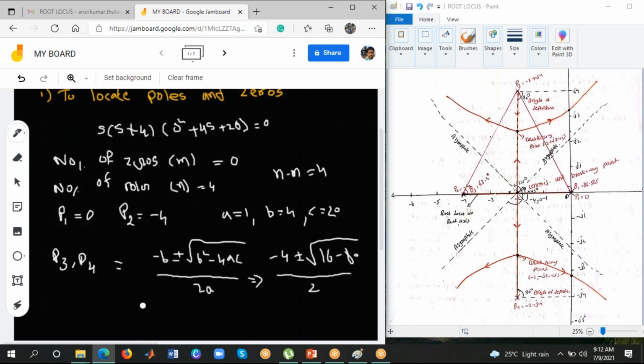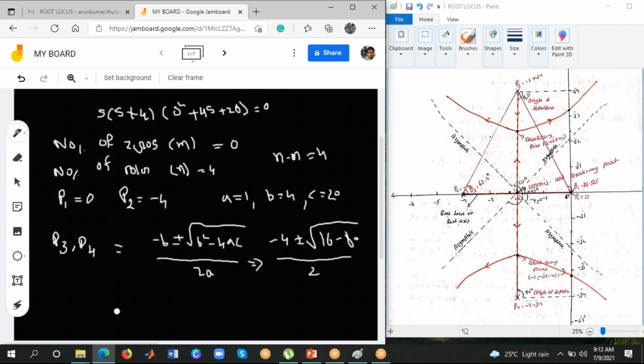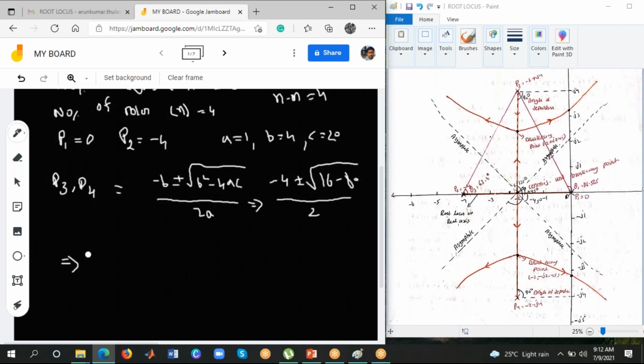Here we get the root of minus 64. Minus 4 plus or minus root of 16 minus 80, which is minus 64, divided by 2. So minus 4 plus or minus j8 divided by 2.